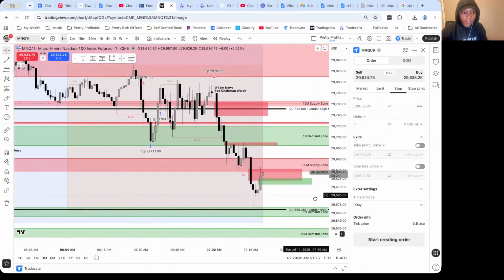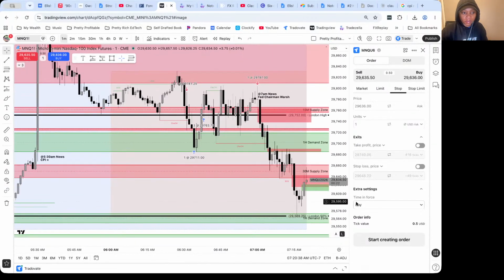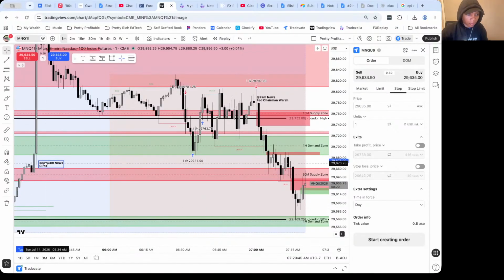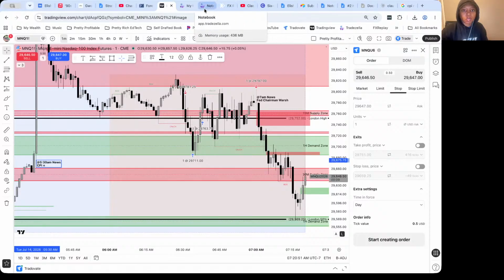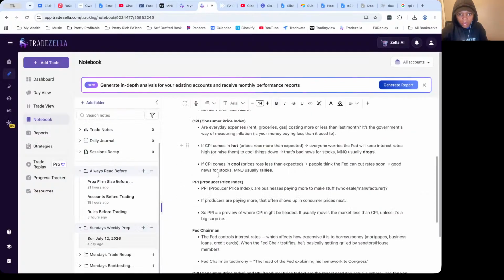So I'm just going to do this live while I'm seeing it. We have CPI news. CPI is the Consumer Price Index: our everyday expenses costing more or less than the last month. It's the government's way of measuring inflation.